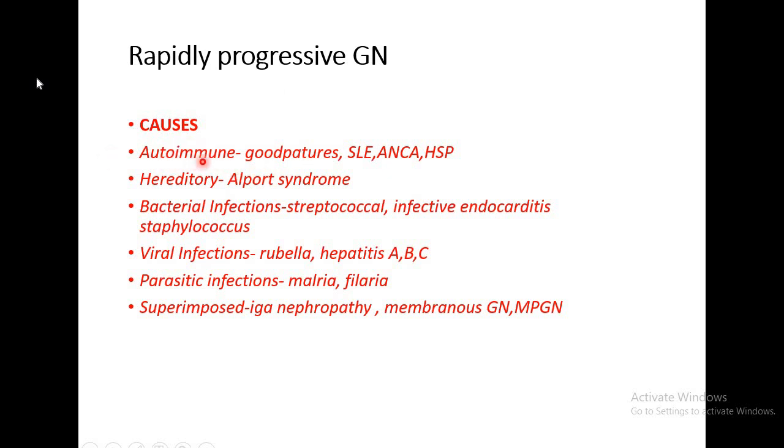Also autoimmune disorders like Goodpasture syndrome, that is anti-GBM, SLE, ANCA, HSP, or hereditary disorders like Alport syndrome, and bacterial infection, post-streptococcal, even post-streptococcal glomerulonephritis can also end up in rapidly progressive glomerulonephritis. Viral infections like rubella, hepatitis A, B, C, and even parasitic infections like malaria and filaria can also end up in RPGN.